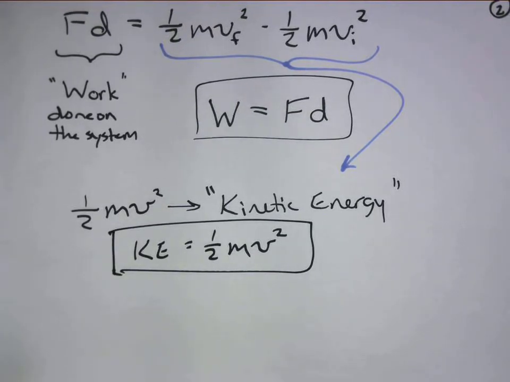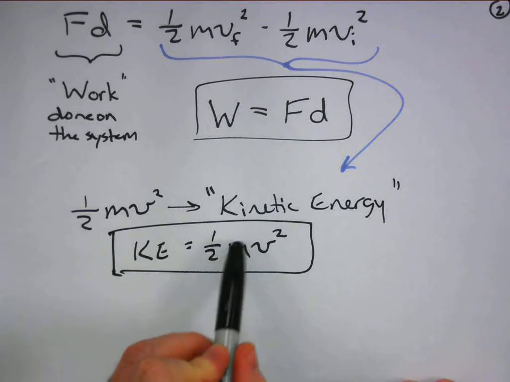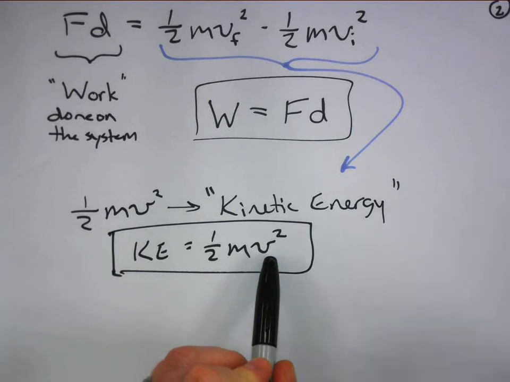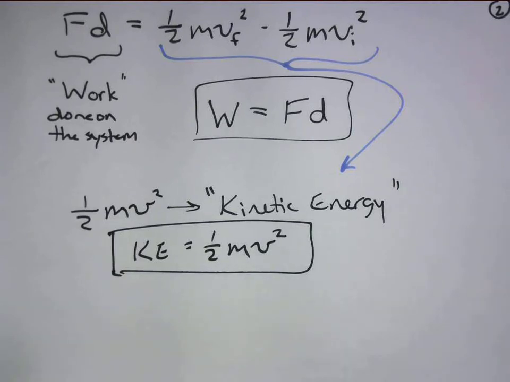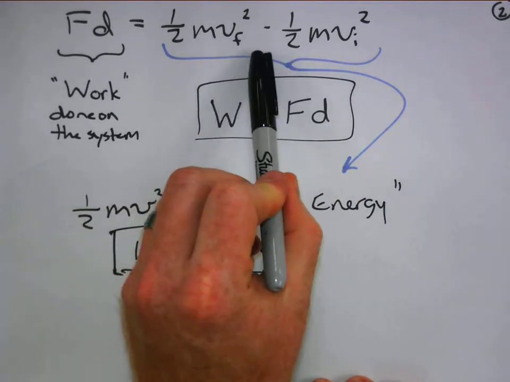So the kinetic energy depends on the amount of stuff that is moving, that's mass, and on how fast that stuff is moving, that's your velocity. Or your speed, I guess. You could use speed as well. So now what we're going to do, though, is we're going to substitute in kinetic energy for each of those two terms in this equation.